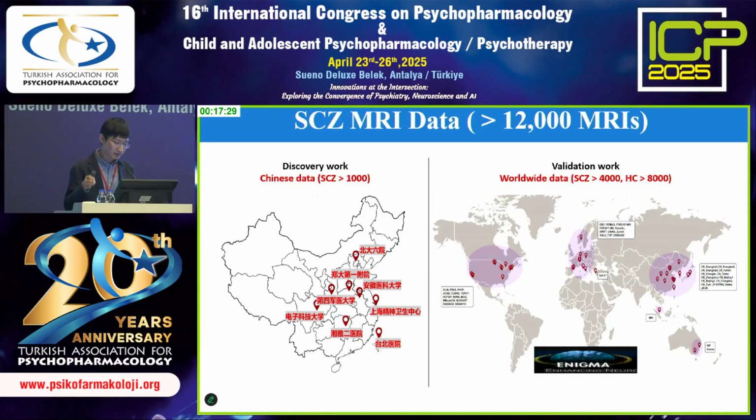In our second validation work, we collaborated with ENIGMA. We finally have data from more than 4,000 patients and 8,000 healthy controls. This sample allowed us to validate our subtypes in Asian, European, and North American populations. Using this data, we made a SuStaIn model.